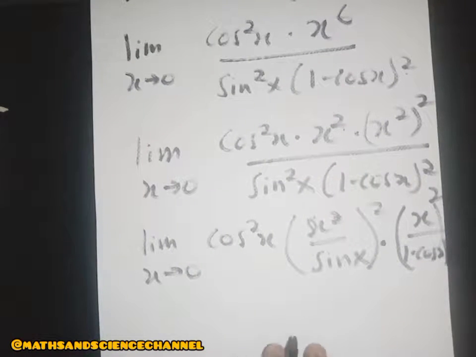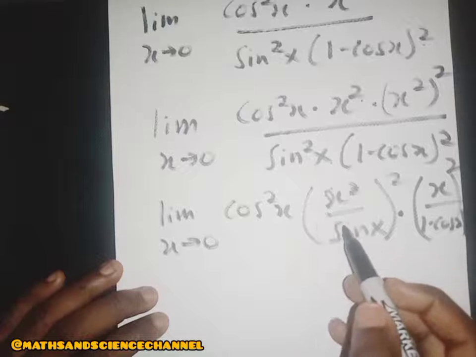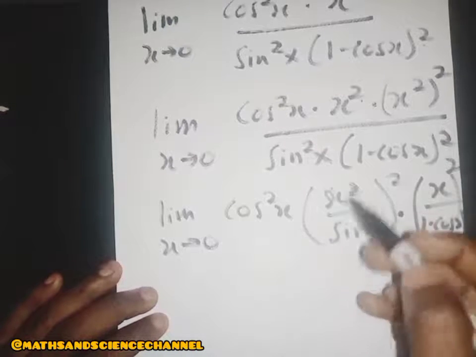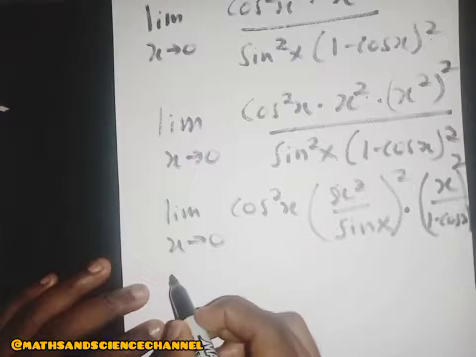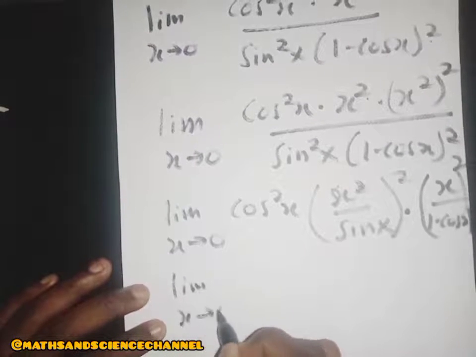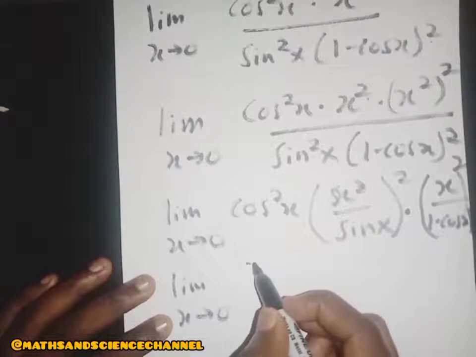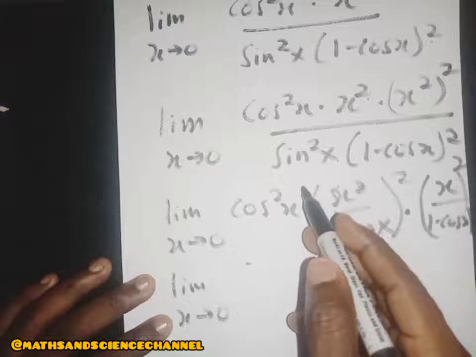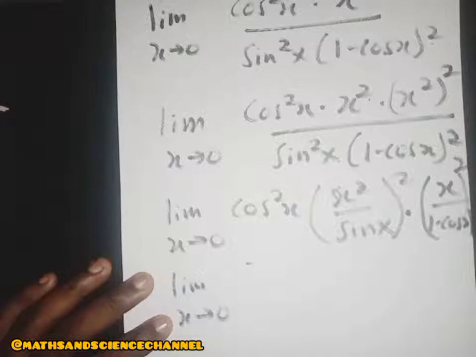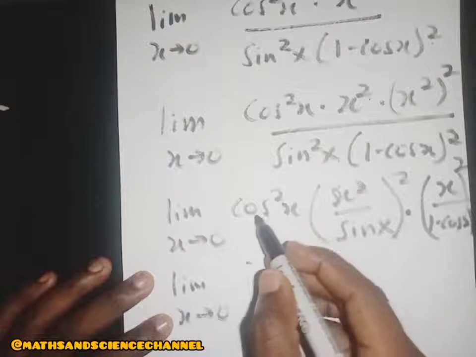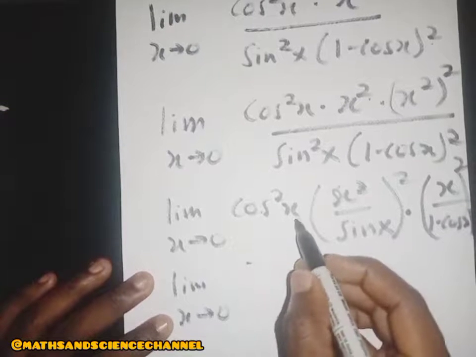So from here what we're going to do is that we can just substitute the 0 into it, but then let's use L'Hopital's rule in solving that. So using L'Hopital's rule, we differentiate. For cos squared x, I can straightly substitute, cos 0 is just 1.